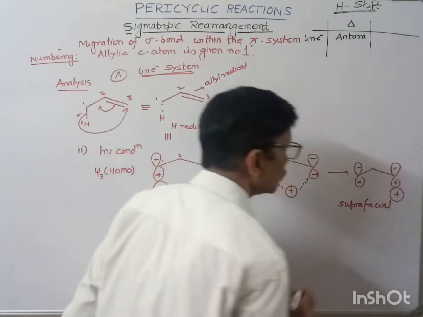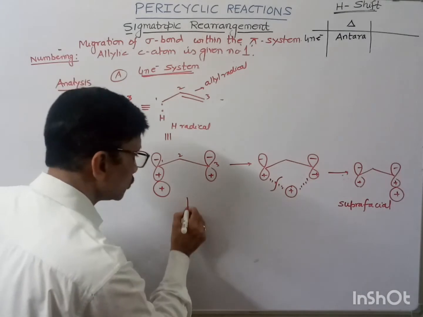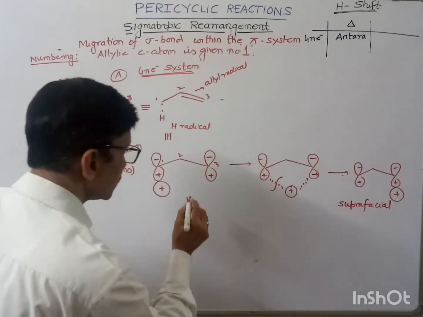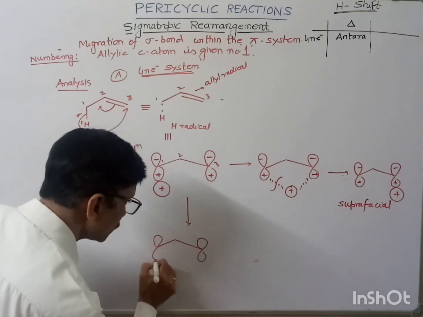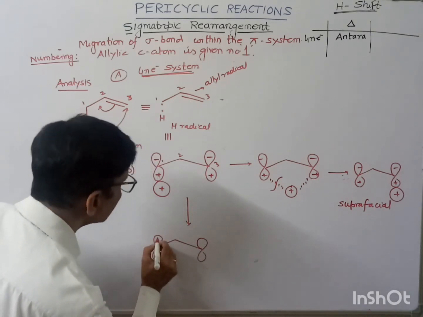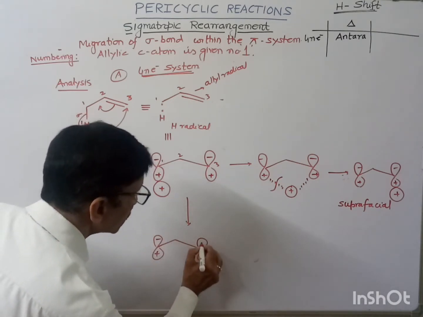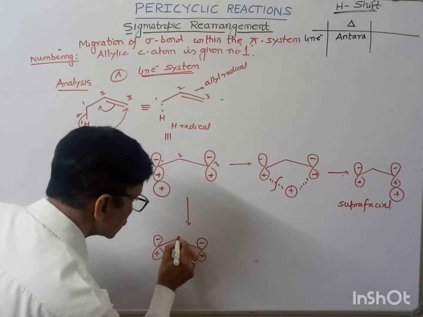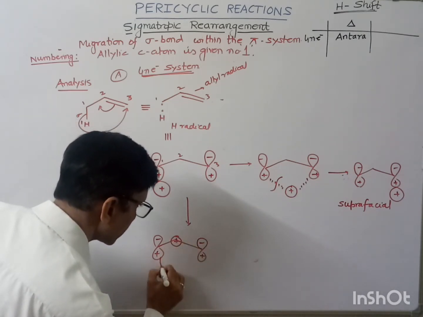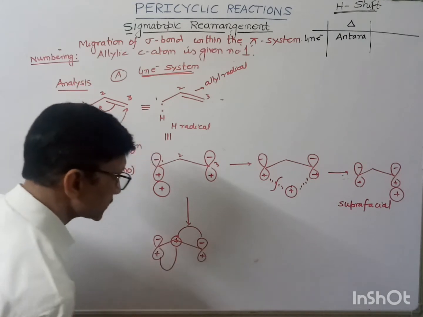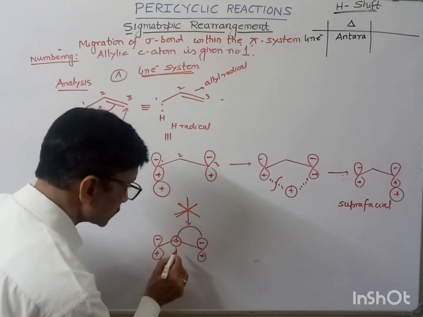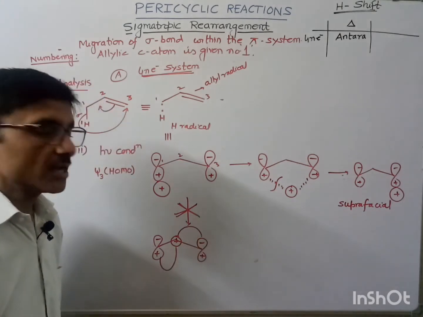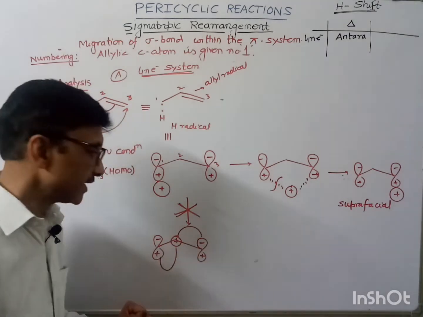Now if you want to do the antarafacial, is antarafacial allowed? No, antarafacial would not be allowed. Suppose it goes over here and migrates like this, then this would not be allowed, because it will be attached to the minus, and an anti-bonding interaction will take place.